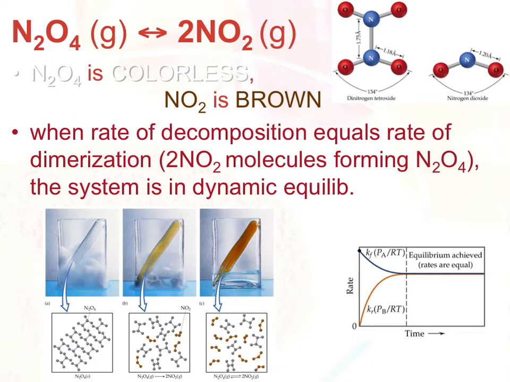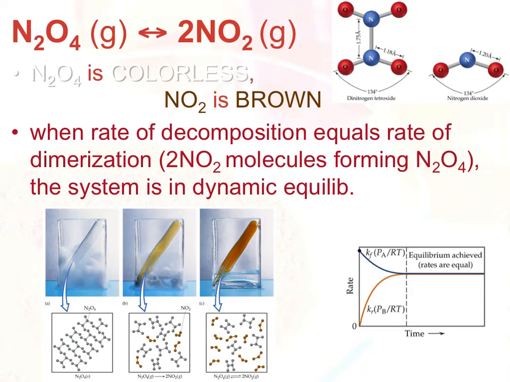Okay, so if we look at the progression of our reaction here, notice in this case we have our N2O4, which is the colorless gas as discussed before. As the reaction starts to progress towards products, notice that we are seeing a browning of that tube, and eventually we reach a fairly dark brown color that is maintained.